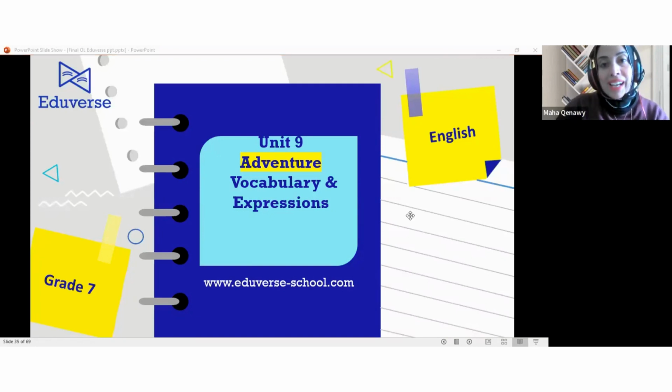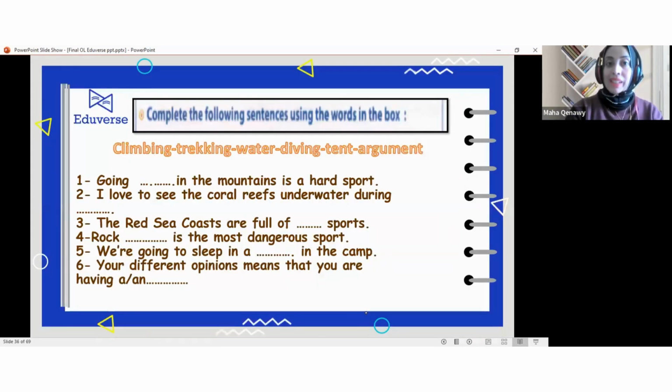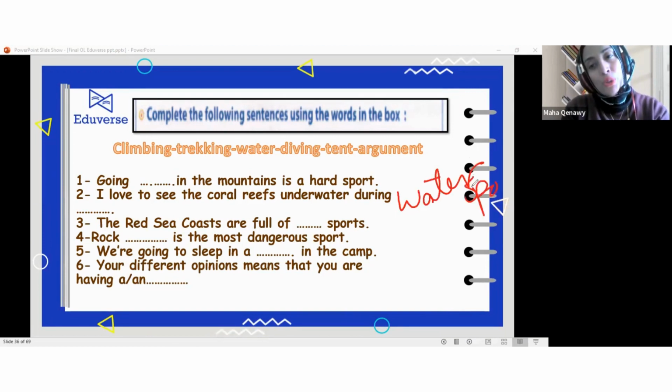Now it's Unit 9, Adventure. Vocabulary: climbing, trekking, water diving, tent, argument. Remember that we've taken a lot of names of sports in this unit. Some of them are water sports. Can you remind me of them?